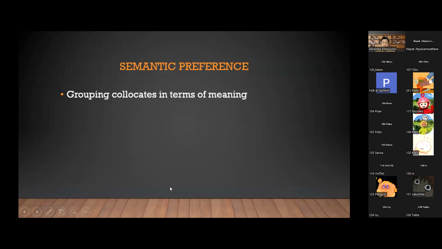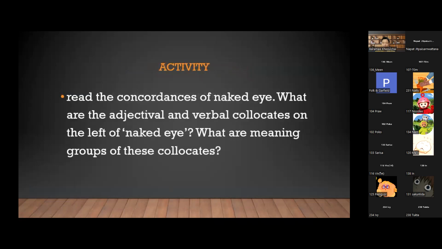Next, let's take a look at the idea of semantic preference. So here, when we look at collocation, we can also group them, put them in groups based on the meaning of the collocation. In so doing, this can give us an idea of the meaning of the collocation and also of the node as well.